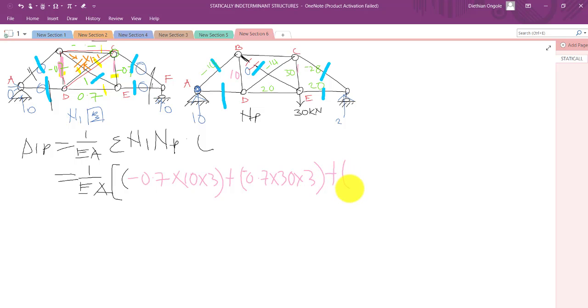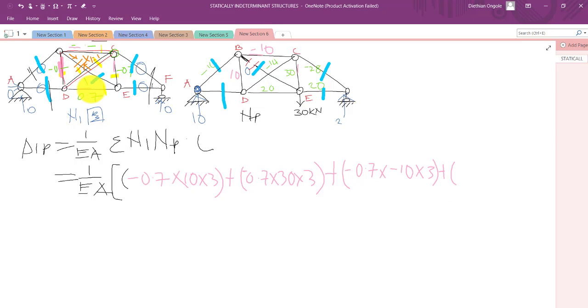Then plus we move on to the next one. Let's say we move on to this upper one. It also had an internal force of negative 0.7, then times here we had a value of negative 10, then times its length which is a 3, and then plus the next one. Let's take this lower one here.